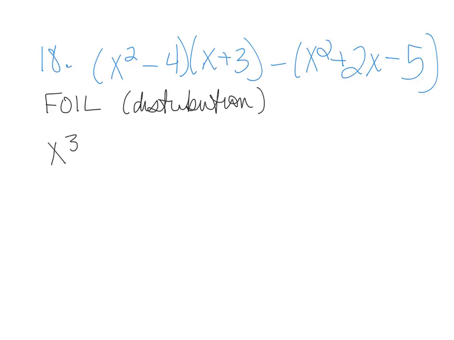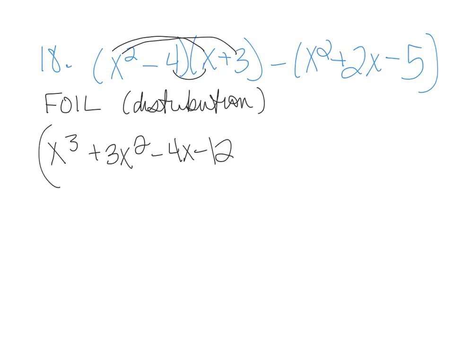I have x cubed, which is first times first, 3x squared, distribute that, and then minus 4x minus 12. Let's simplify. I'm still in these parentheses, minus all this other stuff. Let's simplify that. X cubed. Did I mess up? Nope. I can't simplify anything in there. Silly me. Let's erase that. And actually, let's erase that.